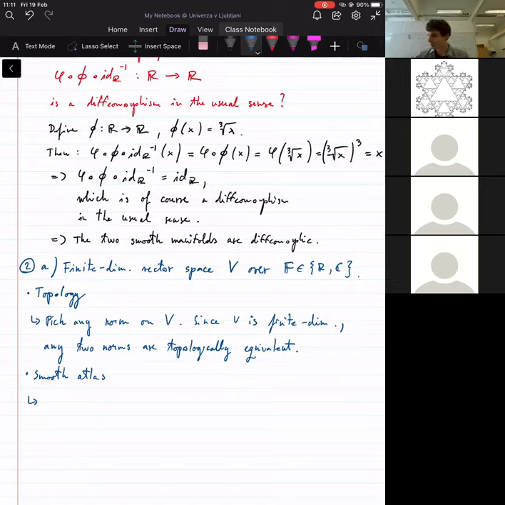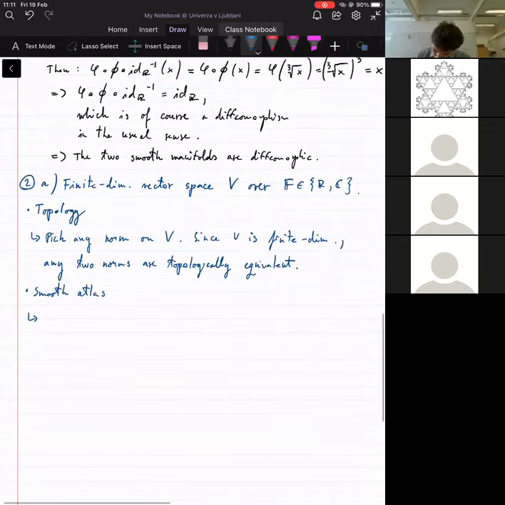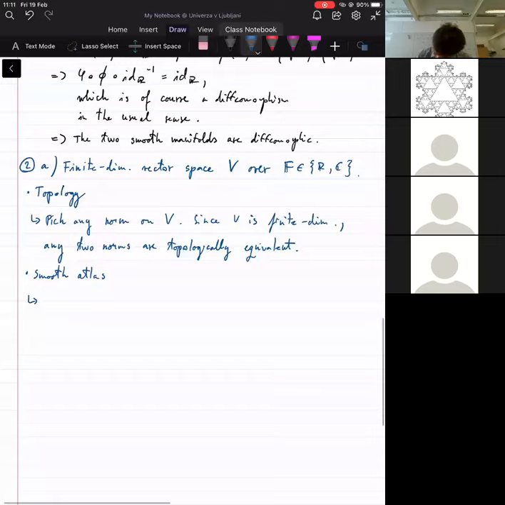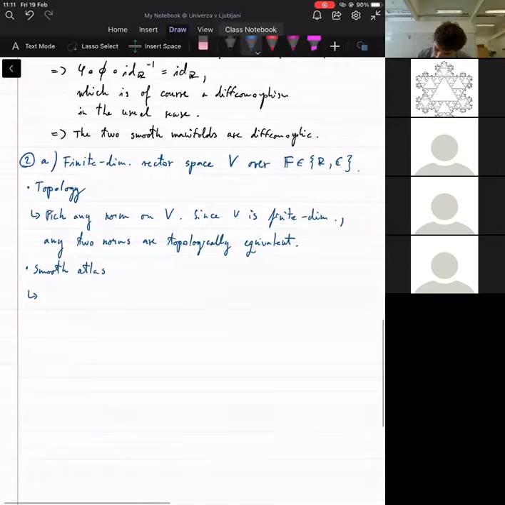We could, for example, fix a basis of V and then just map each component. Exactly. So let v_i, i going from 1 to n, be a basis.